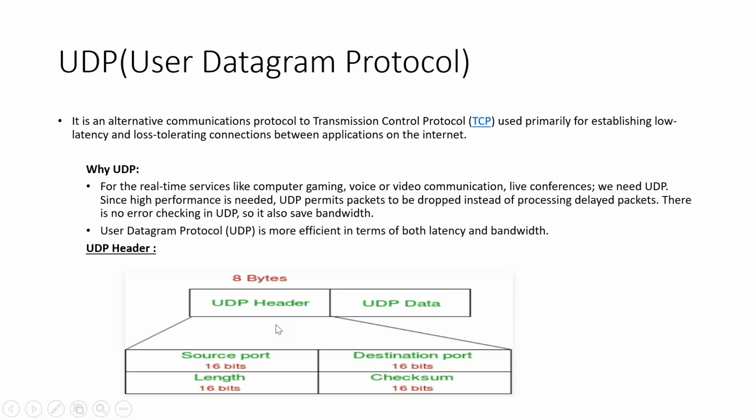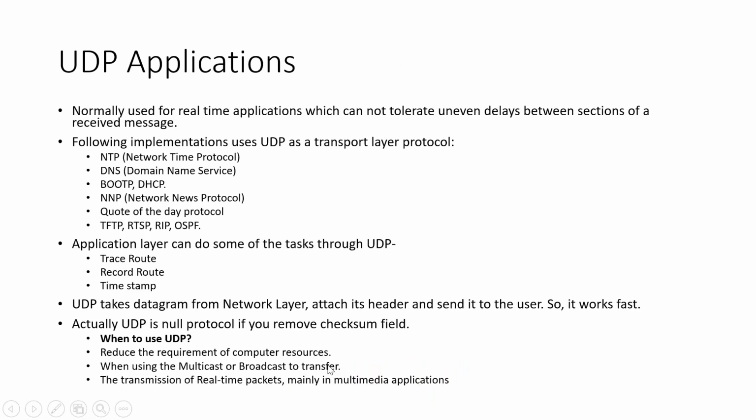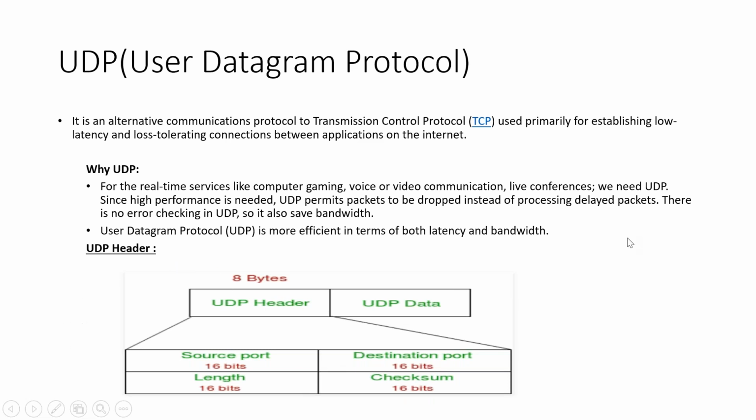In the UDP header we only need the source port and destination port, because it is not connection oriented. That's why there are no flags. Are you seeing any flags here? No, because there is no TCP three-way handshake or four-way termination. Nothing is here, so there are no flags.